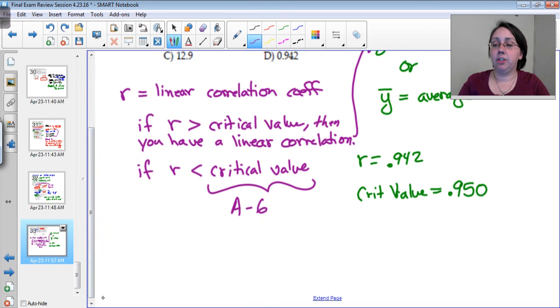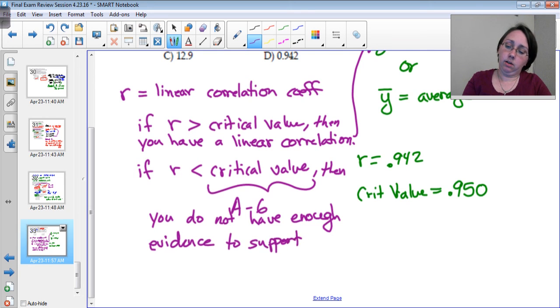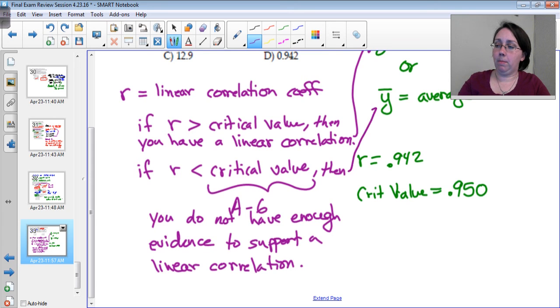If R is less than your critical value, then you do not have enough evidence. You might have a linear relationship, but you don't have enough evidence to support a linear correlation. In which case you would use the y bar.